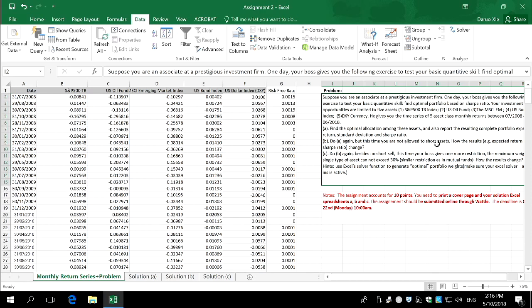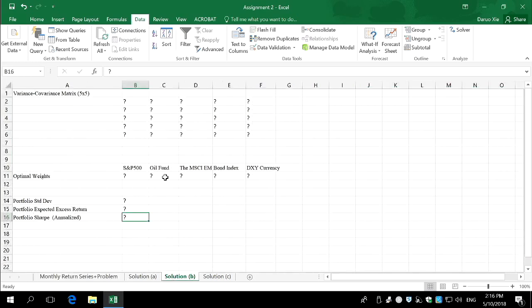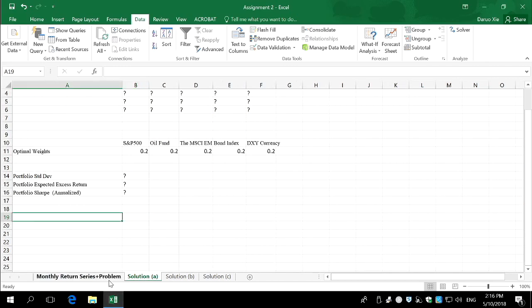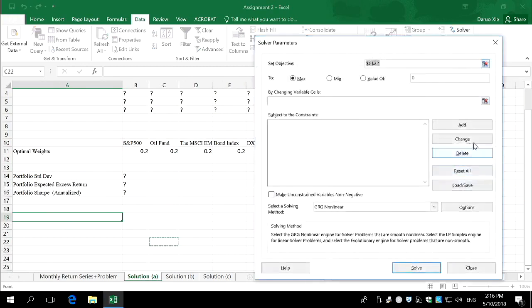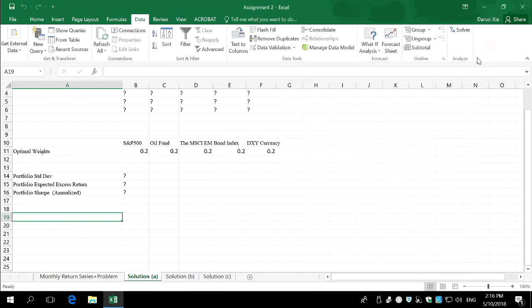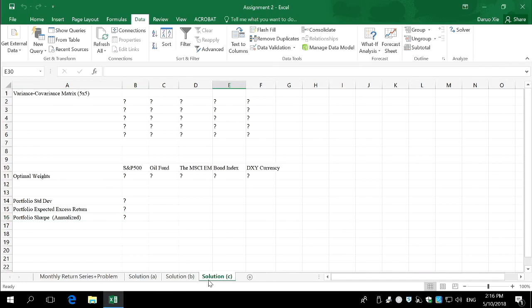So you just put an additional constraint that each of those cells has to be non-negative. Then do the same solver again. And for example, for solution C, you just have another constraint, like a single type of asset can't exceed 30%. So just put the extra constraints in your solver, then you got it. Okay?